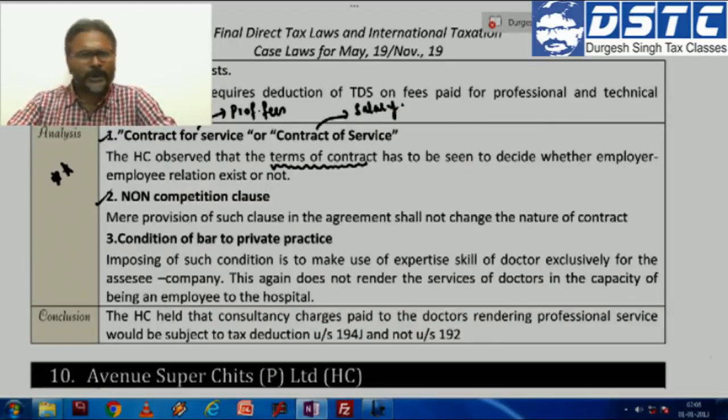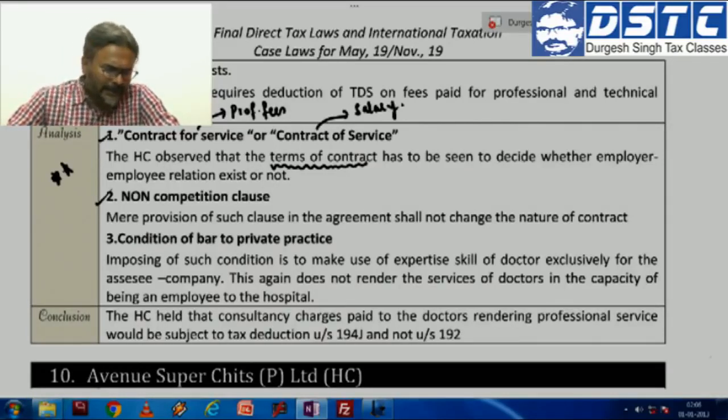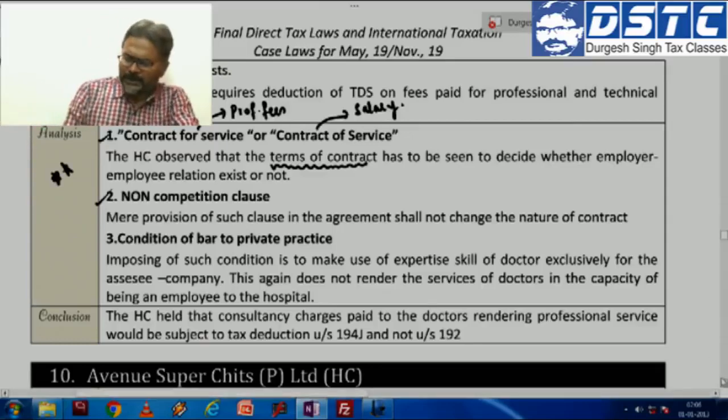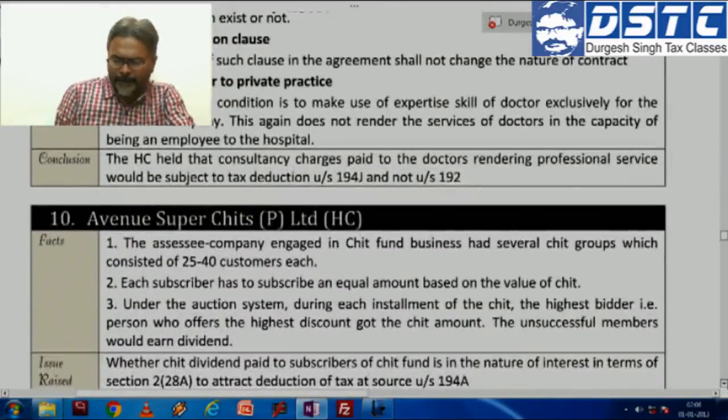No. You pay us well, our professional fees, so why would we be doing this private practice in the first place? Accordingly, they have said that the High Court held that the consultancy charge paid to the doctors rendering professional service would be subject to tax deduction under section 194J and not under 192. So this was the conclusion that they have put forth.